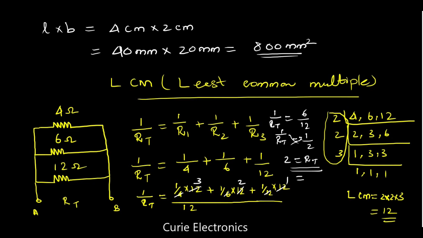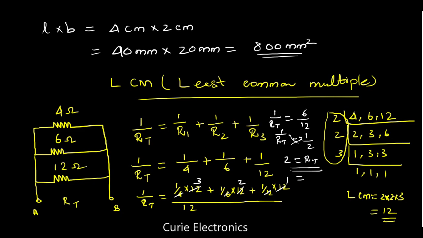So this is also an important thing to know, how to find the LCM. Let me see if anything else is required. You should know fractions, square root, and powers. This much is the basic you should know.